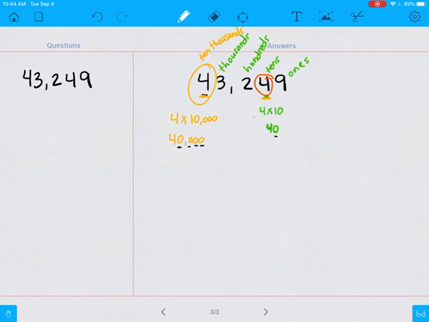So if we're comparing these two numbers, I'm going to take 40 times 1,000. Notice how many zeros you see there. There's 1, 2, 3, 4, right? So if you wanted to get 4 zeros, then you multiply by 1,000. So 40 times 1,000 would be 40,000.